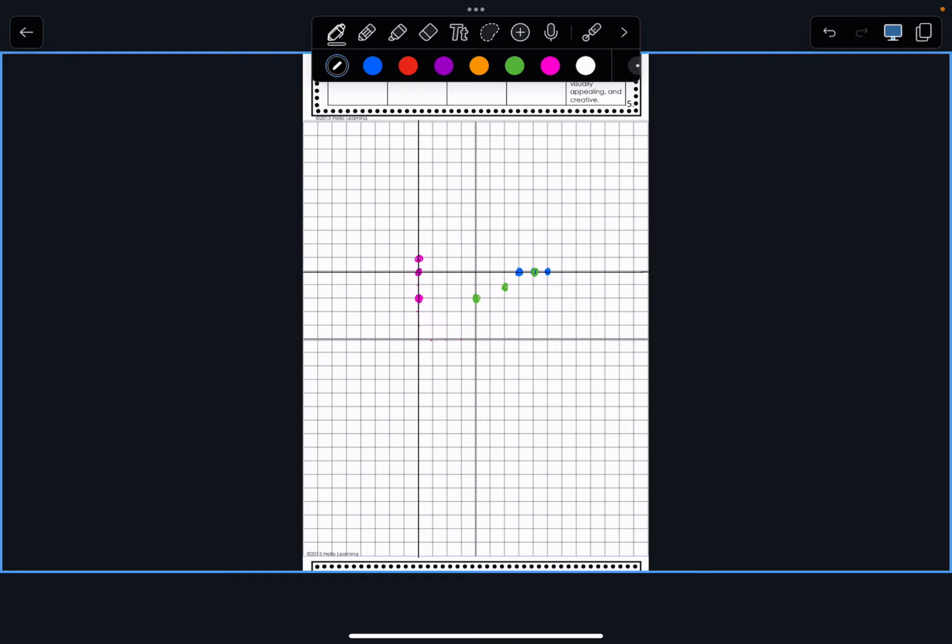Ooh, this is gonna look so good, you guys. I would like you to use your ruler and make the line that goes all the way through the page.